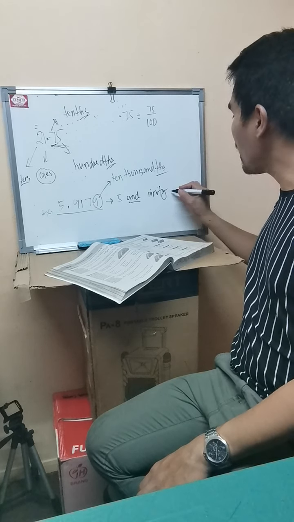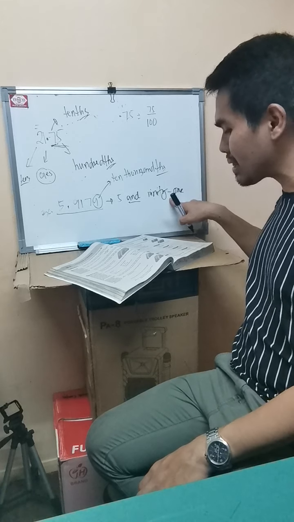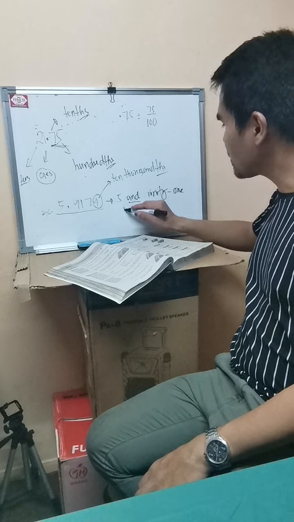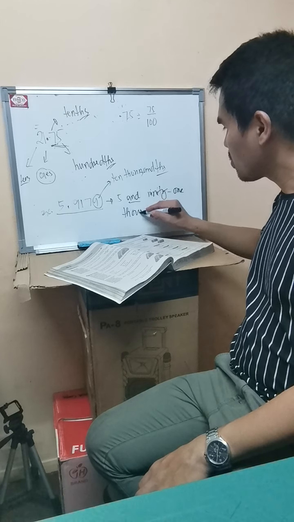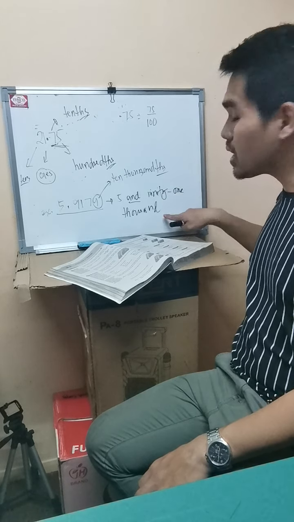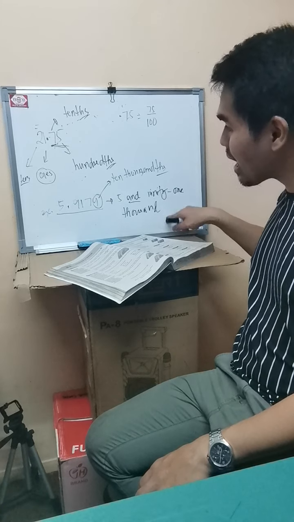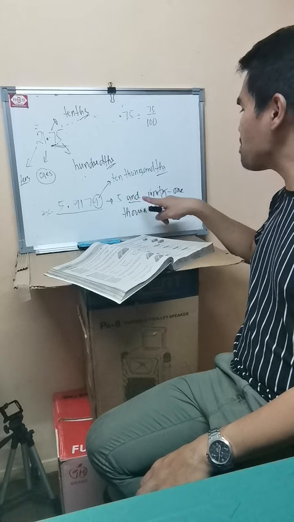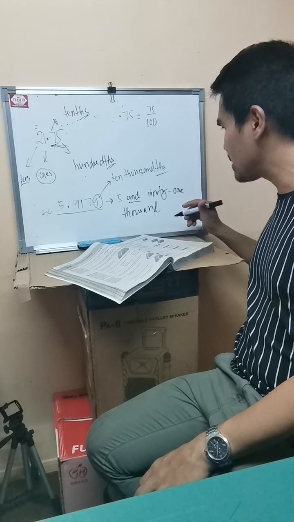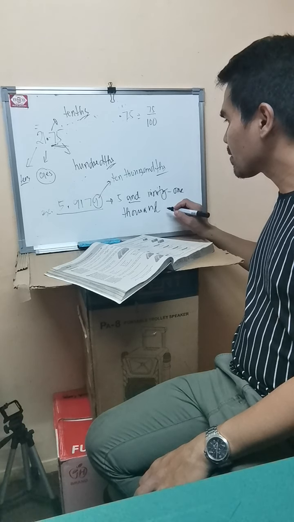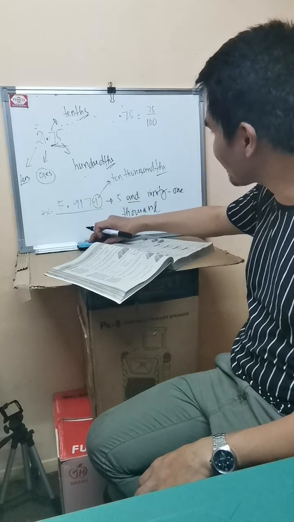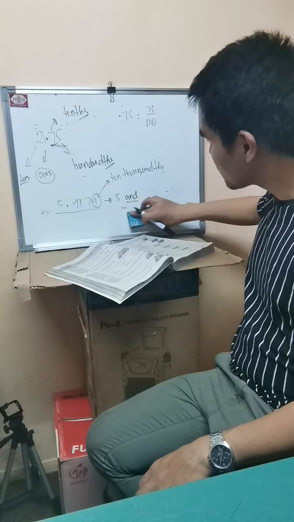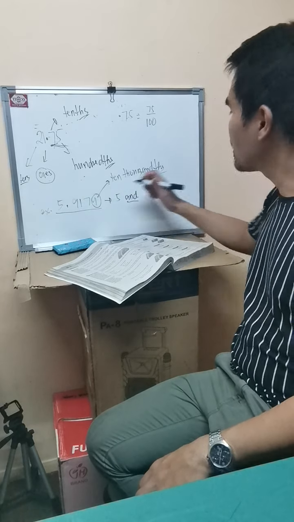Okay, do not forget the hyphen. There's no TH yet. The TH will only happen at the last place value of the decimal part. So that's 5 and 91... Sorry, it's not 91, my bad, really.